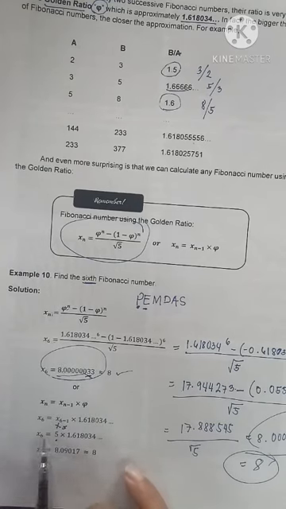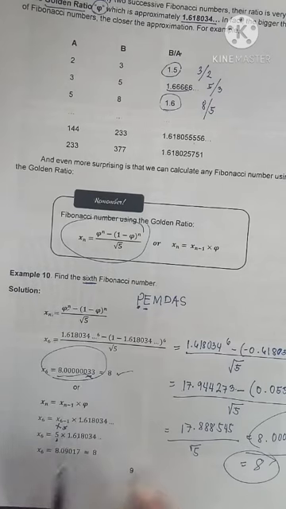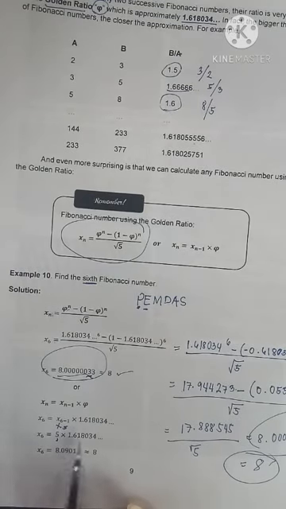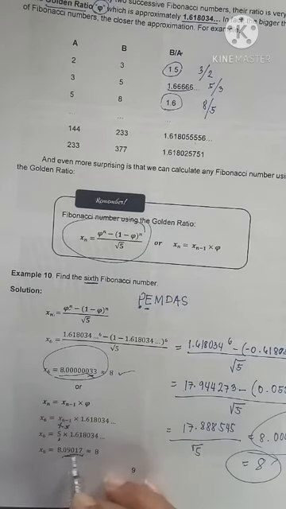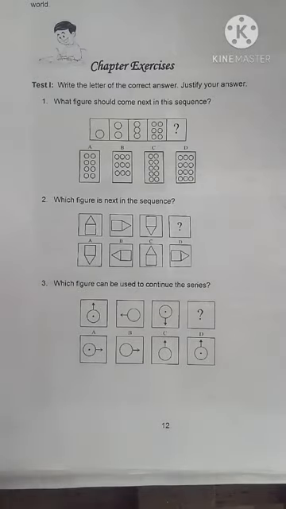That's why we come up with 5. And then just copy the golden ratio. Then if you multiply this, you will come up with this answer. So as you can see, you will also come up with 8 if you round it off to the nearest whole number. Okay, now let's move on to the chapter exercises.